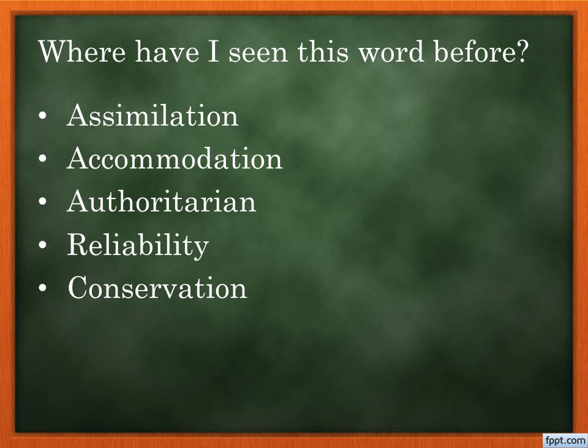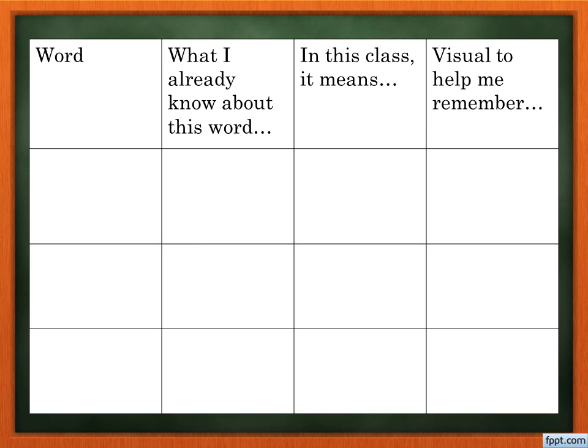But my students have seen these words before. I specifically remember the times we went over these vocabulary words, and my students are like, oh, I know what this means. So you can see how there is some confusion there, but you can build upon that confusion to develop their rich vocabulary. So the graphic organizer here that you can find on Appendix 16, you list the word, what you already know about the word, what it means specifically in this class, and then you can doodle a little visual to help you remember.